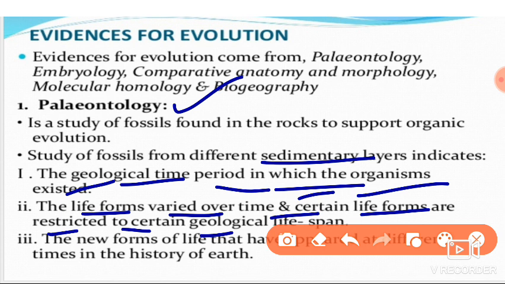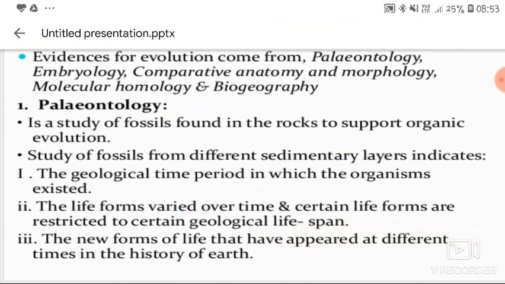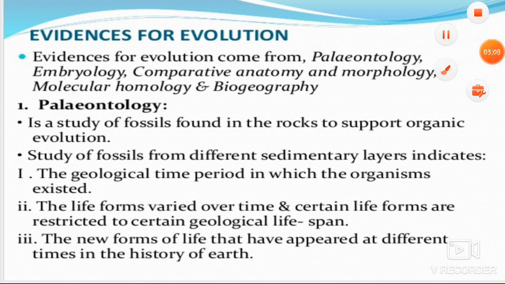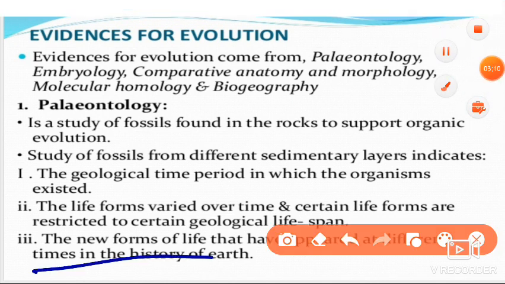And the last point here: new forms of life appeared at different times in the history of earth. At different times in the history of the earth, a particular life is present. That is mainly given by the paleontological evidences.